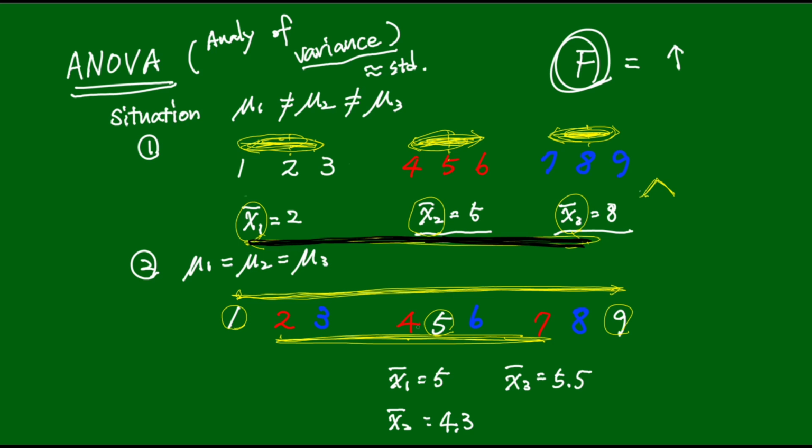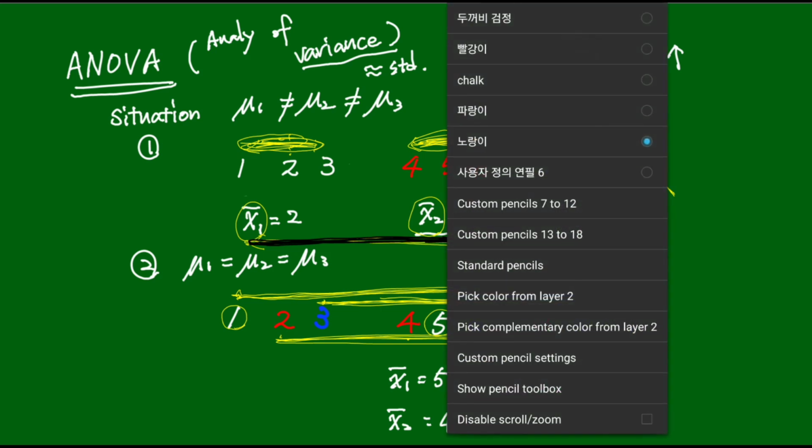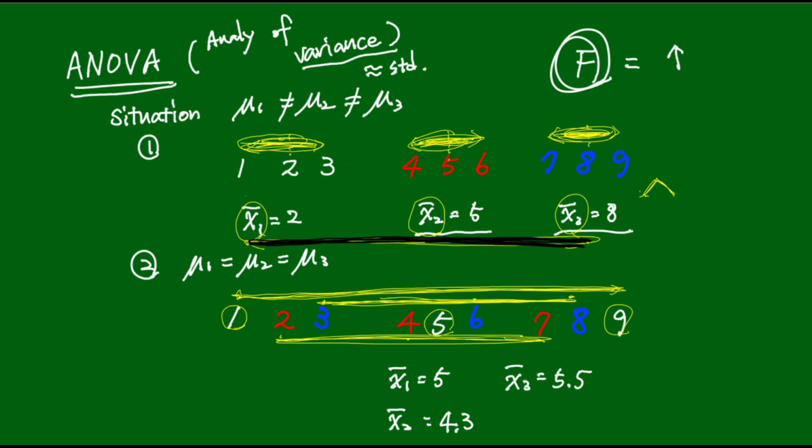And for group 3, which is 3, 6, 8, this yellow bar represents the spreadness of group 3. So we have a larger yellow bar here, and let me change the color for representing the variance of the group sample mean.